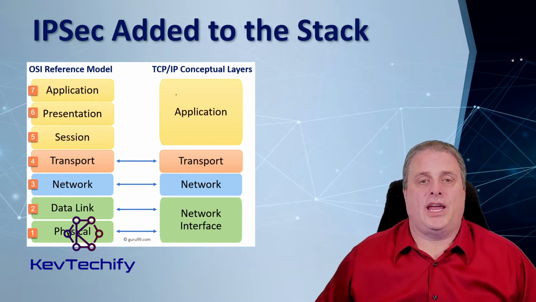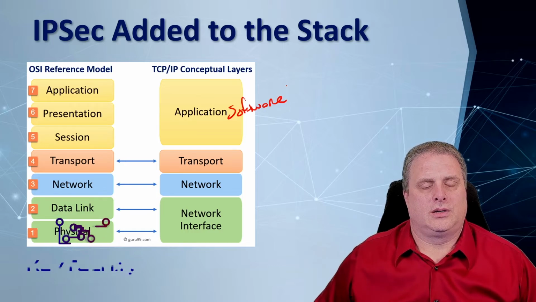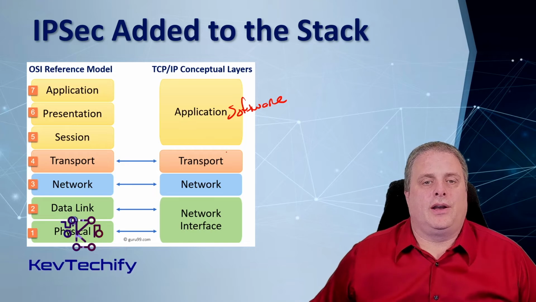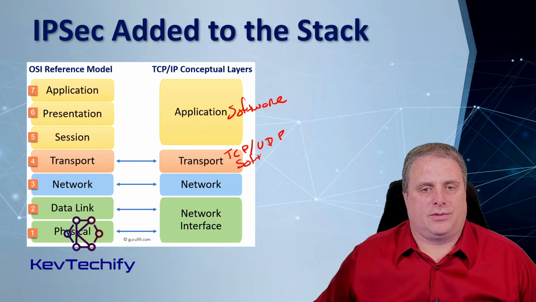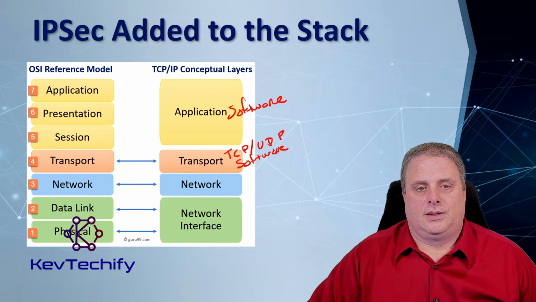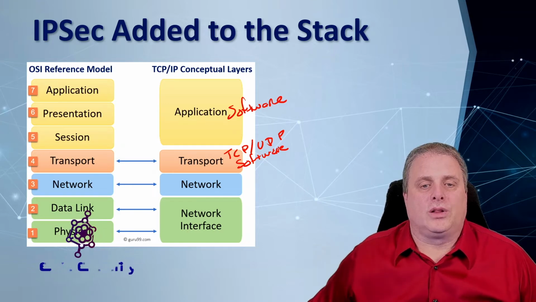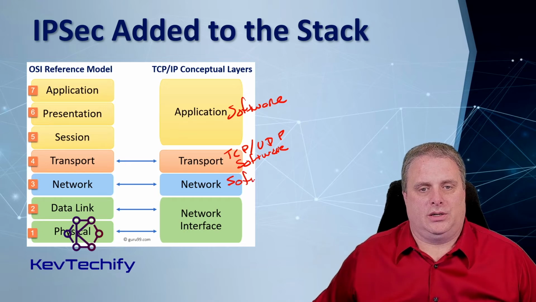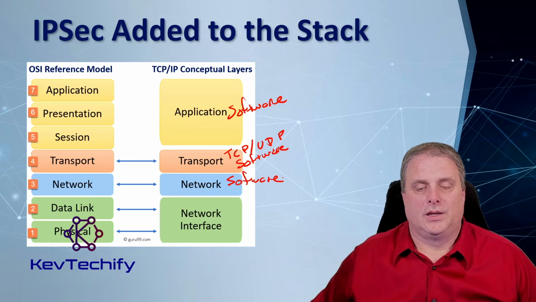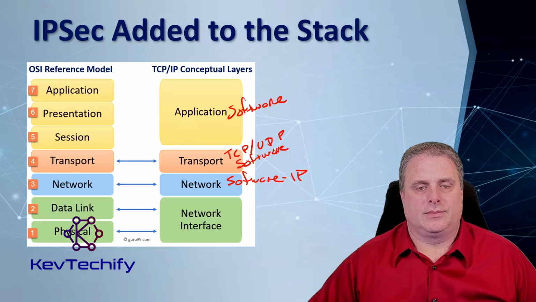We have the application layer, that is in software. The transport layer, that's TCP or UDP, is also in software. Then we have the internet or network layer, that's IP, which also exists in software.